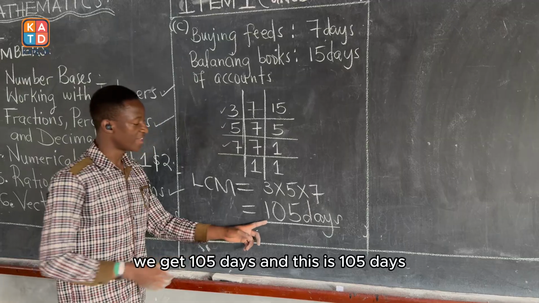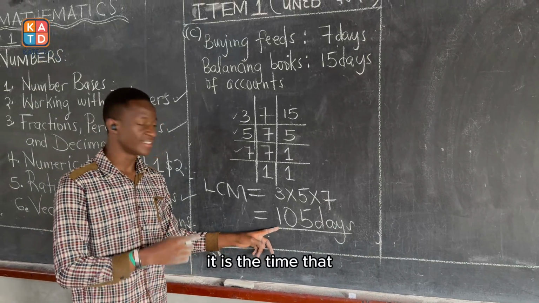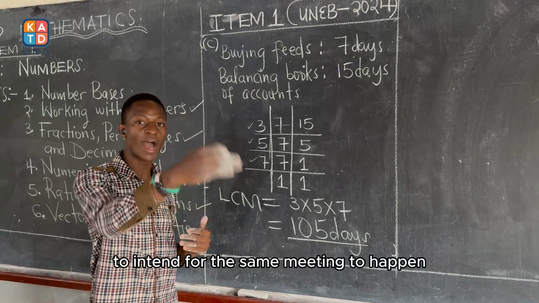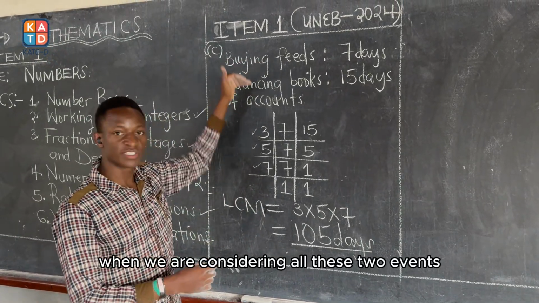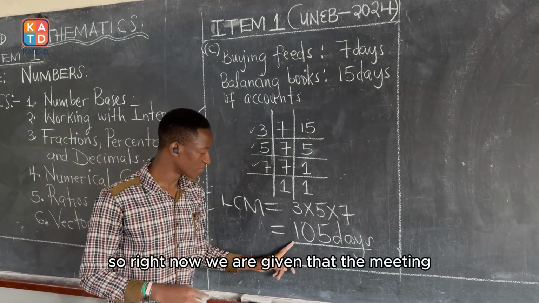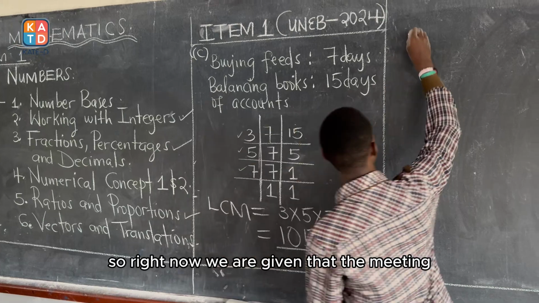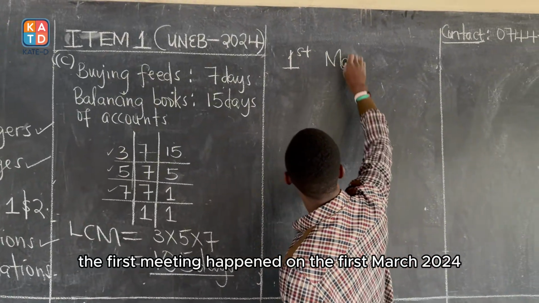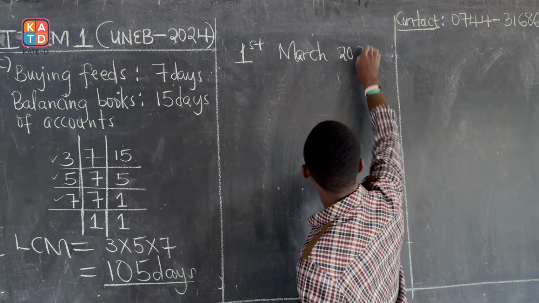And this 105 days, it is the time that it will take for the same meeting to happen when we are considering all these two events occurring at the same time. So, right now, we are given that the first meeting happened on 1st March 2024.